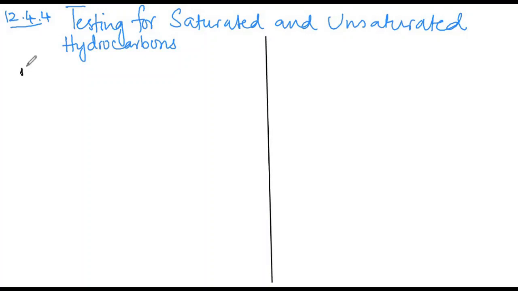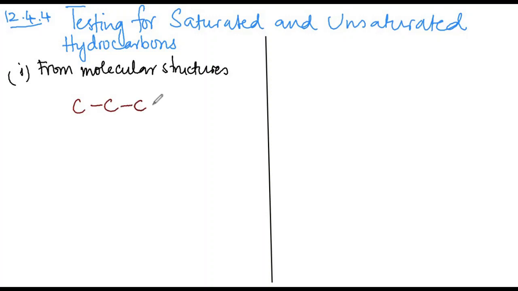The first method is from molecular structures. Obviously, now we know that if we are looking at a molecular structure and we cannot identify any double covalent bond in the molecule, this is considered to be a saturated compound.